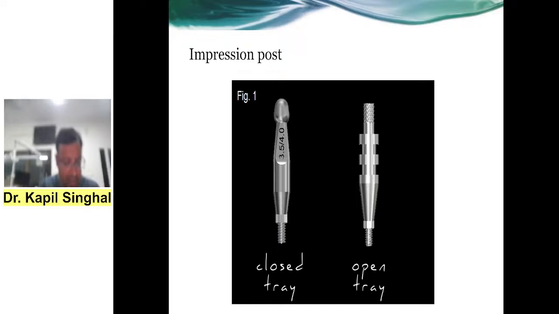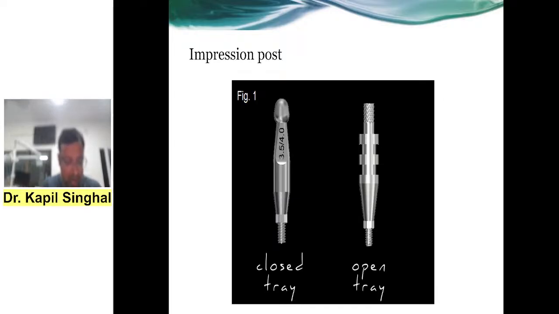Your impression post is picked up automatically. So that is why the open tray impression technique is more accurate as compared to the closed tray. Please remember, open tray is more accurate as compared to closed tray. So wherever possible, you should always prefer to take an open tray impression.